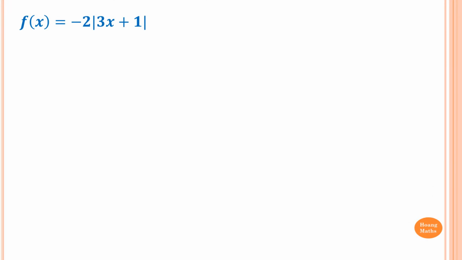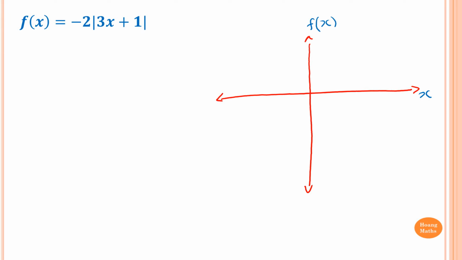Please stop the video and try this one yourself. If you think about it, 2 times the absolute value of this function just makes the graph steeper, and the negative sign just makes the graph upside down. That's all it is. Everything else is the same. So first of all, I just graph f(x) equals 2 times the absolute value of 3x plus 1, and then we turn it upside down.